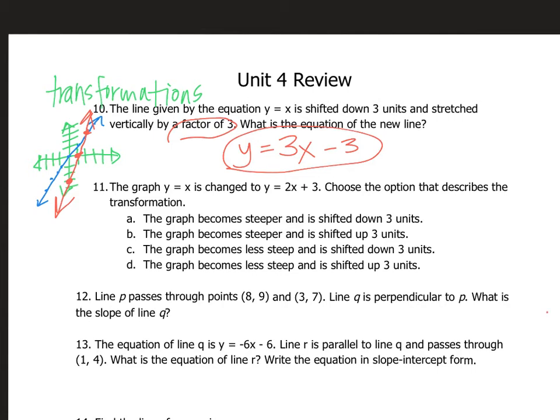Okay, so for this next question, you could do a few things. You could type both of these equations into your Desmos graphing calculator and have them graph and look at how they've transformed. I'm old school, so what I'm going to do is I'm going to draw for you both of these lines.